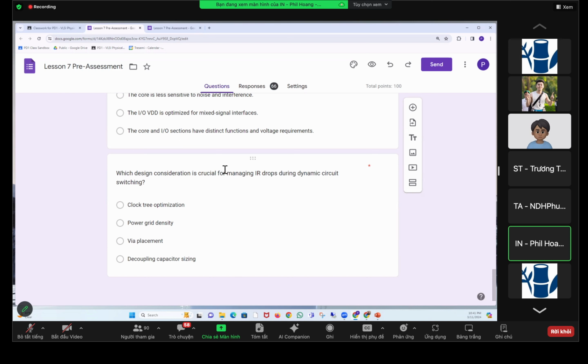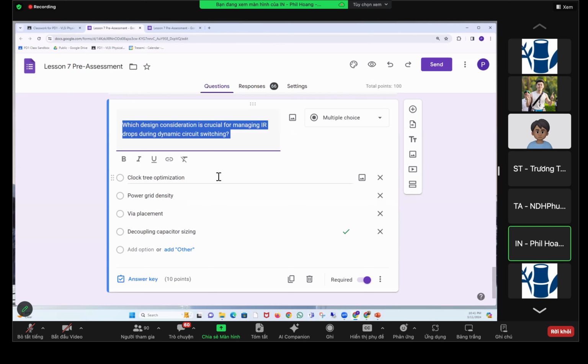So this one is not easy to answer. Let me see. Did somebody say D? Okay. Right. So the answer is decoupling capacitor sizing. It's a very good answer, but we didn't go over that yet.